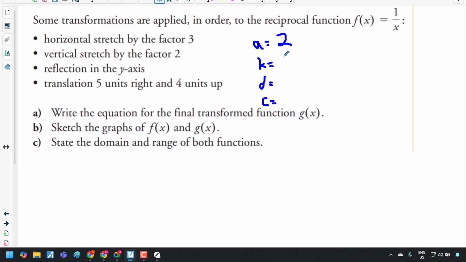K is 1 over 2. Wait, say that one more time. What's K? Oh, 1 over 3, yes. You got to speak up. Okay.